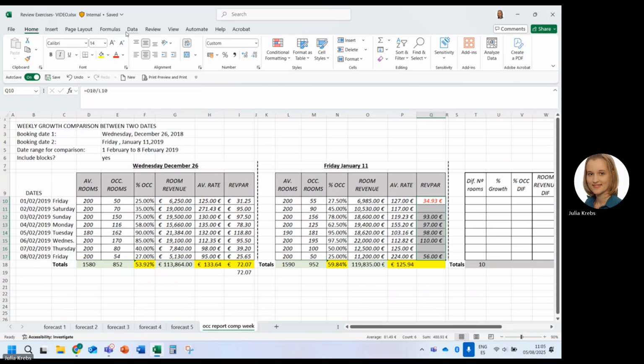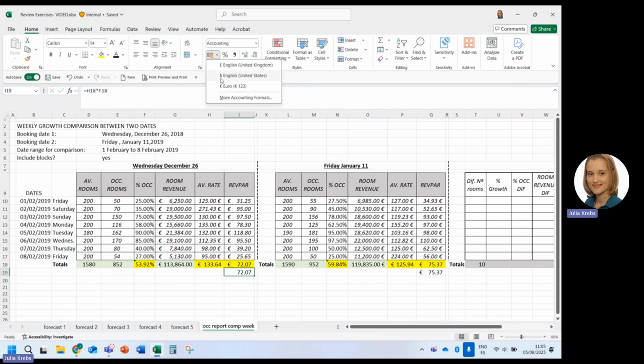Oh, it comes out in red. And let's do this as well, or we can again do ADR times occupancy percentage to use the formula. Once more, total room revenue divided by total rooms available, or the ADR total weighted average times the occupancy average as well. So here also the same thing comes out correctly.